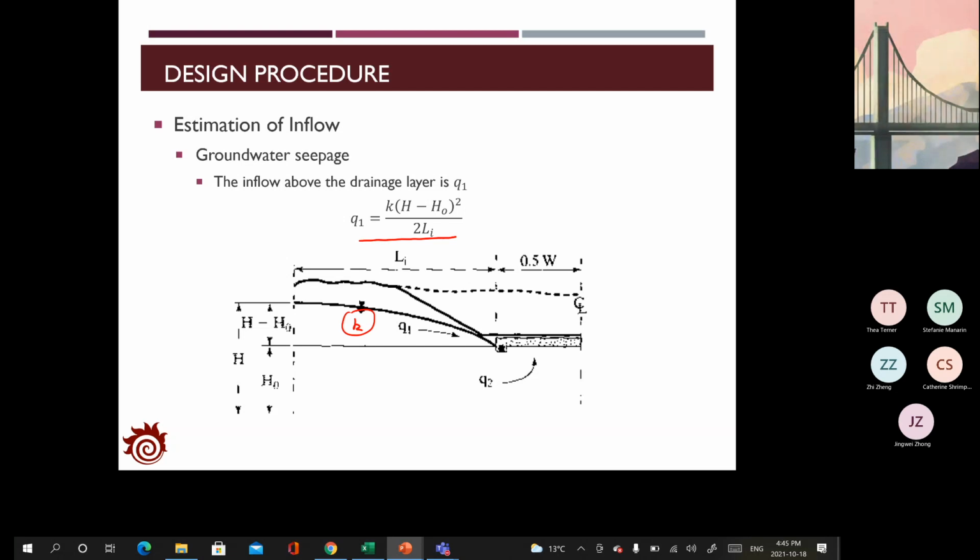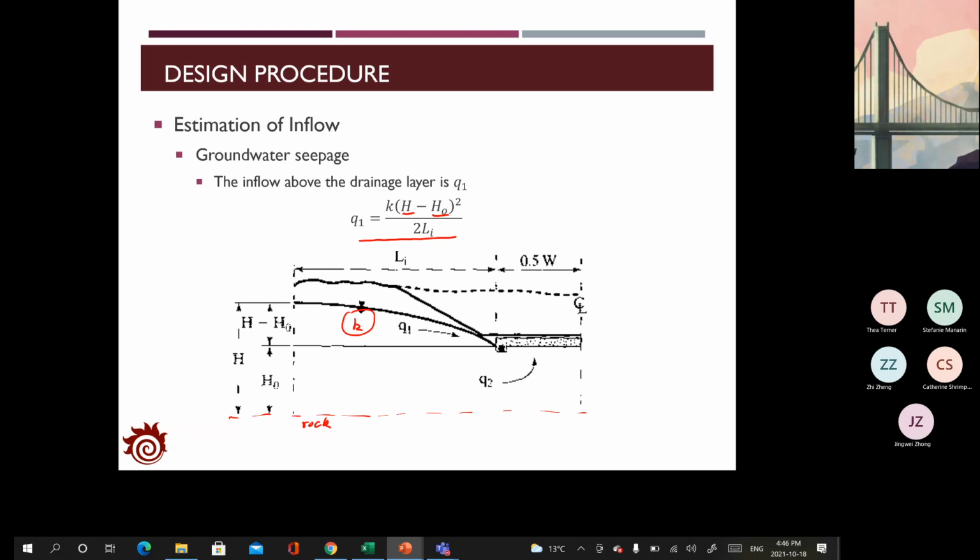The second one, capital H, represents the initial height of the groundwater table, which would be the water table under the ground before you do the pavement, or before you cut the ground to construct the pavement. And H0 represents the vertical distance between the bottom of the drainage layer and the impervious layer, which usually we consider to be the rock of the ground.